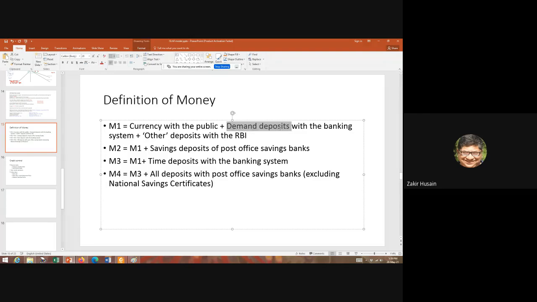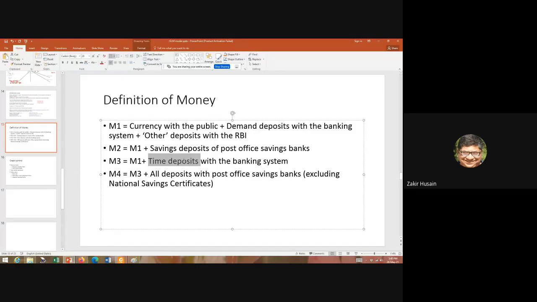Do you know what demand deposits are? Demand deposits are where you make a deposit, but you can demand it at any point of time. What you are calling fixed deposits are called time deposits.